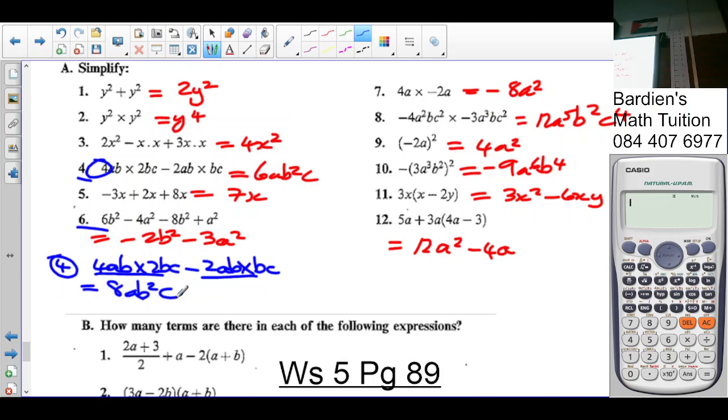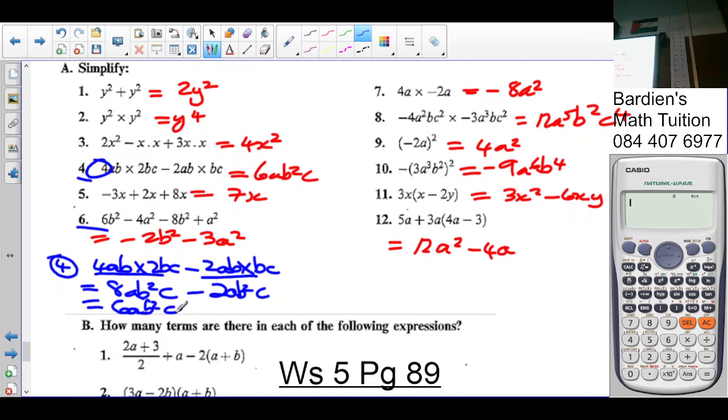Yes. Yeah, you wrote the sum down wrong. So 2ab times bc is going to give you 2ab squared c. Are they like terms? Yes. So 8ab squared c minus 2ab squared c is going to give you 6ab squared c. Okay.